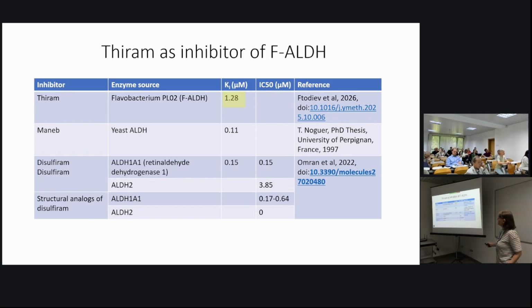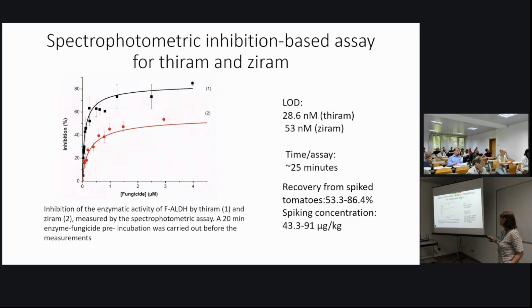Disulfiram and some structural analogs were investigated for the selective inhibition of some enzymes in the human body for treating different diseases. So these inhibitor studies of aldehyde dehydrogenases are very relevant for that field as well.